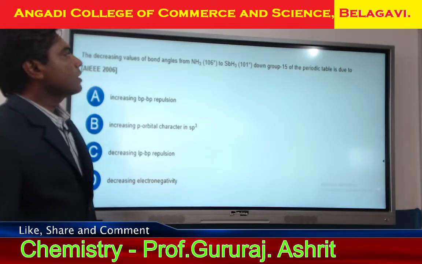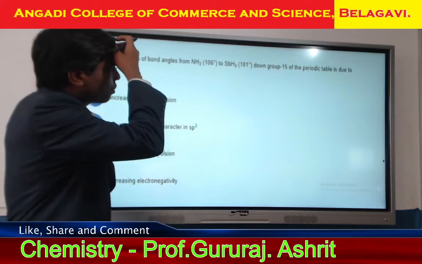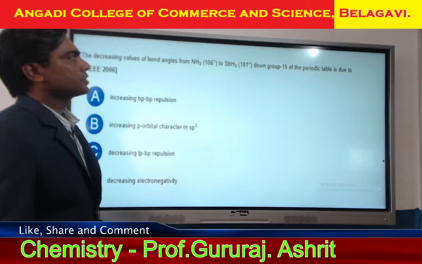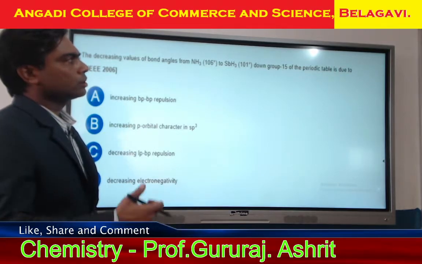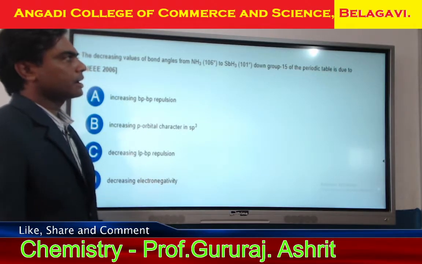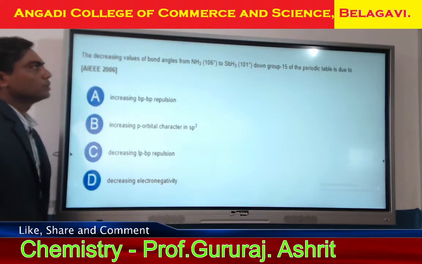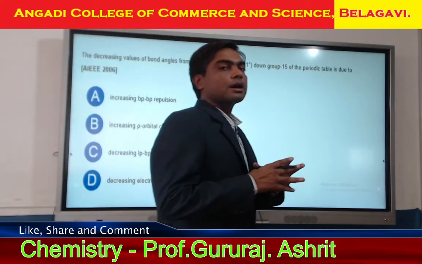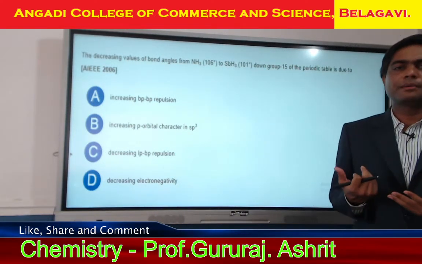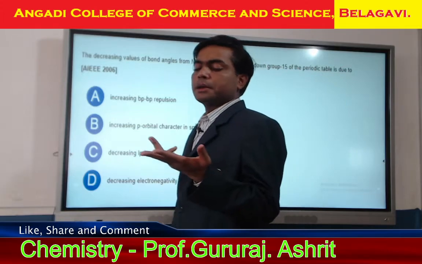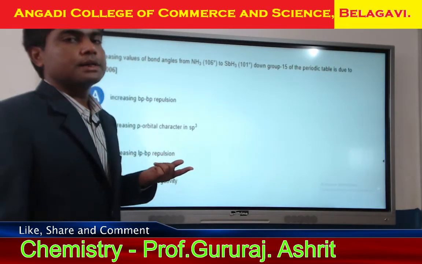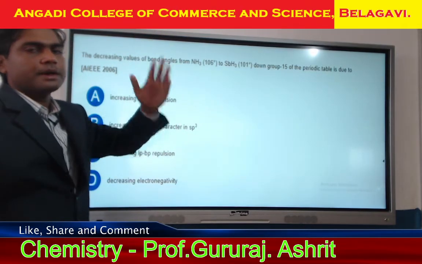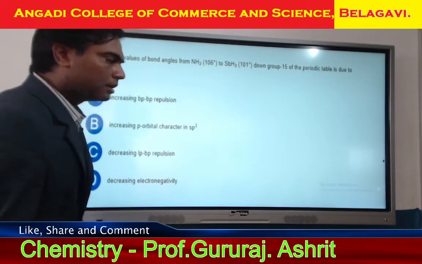The decreasing value of bond angle from NH3 106 to SbH3 101 down group 15 of the periodic table is due to what? When you go for the different hydrides of group 15 elements like NH3, PH3, AsH3, SbH3, BiH3, the bond angle may increase or decrease.